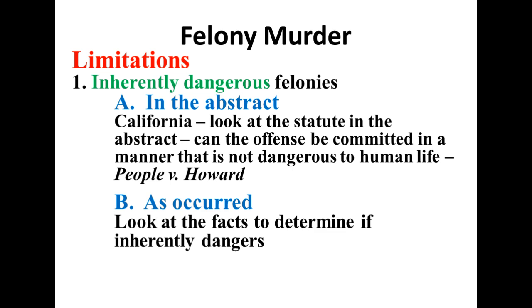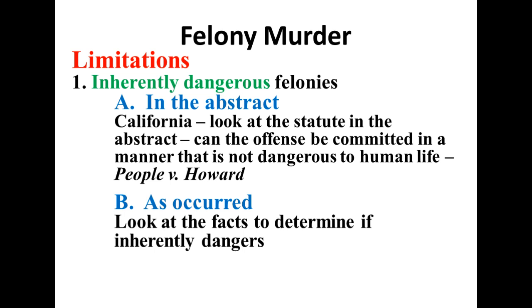Another way to look at this is as it occurs. A number of jurisdictions look at the facts to determine if the felony is inherently dangerous. So they'll look at the statute, but they will also look at the facts as it occurs to see if those facts present an inherently dangerous scenario.